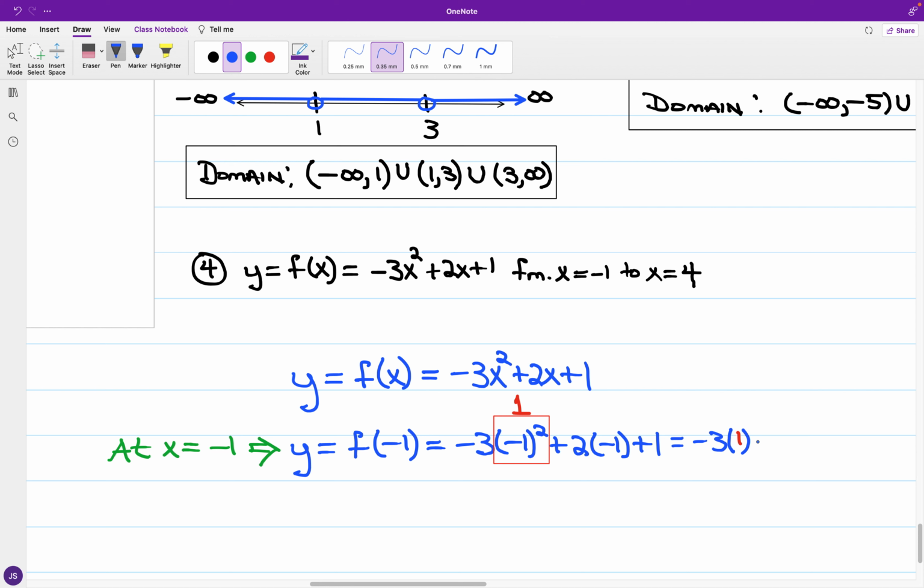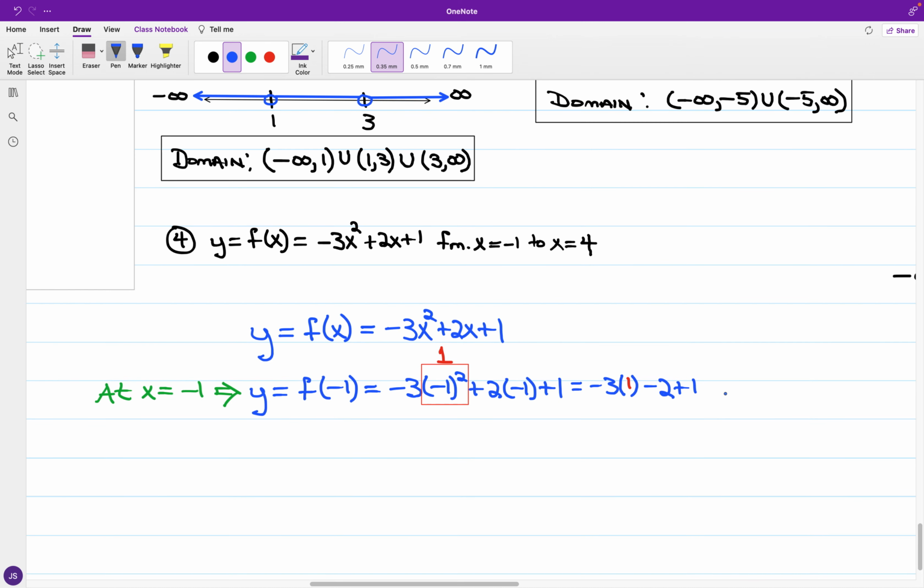Now 2 times negative 1 is negative 2, followed by the addition of 1. And so we have negative 3 minus 2 is negative 5, plus 1 is equal to negative 4.